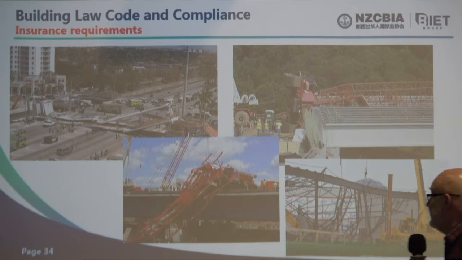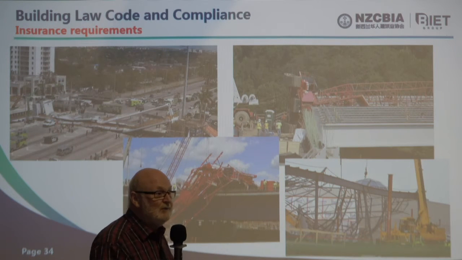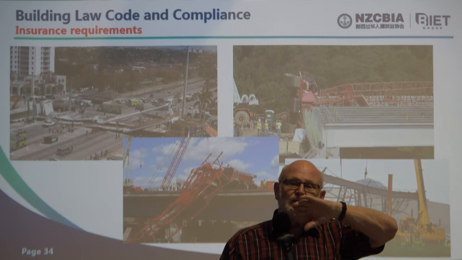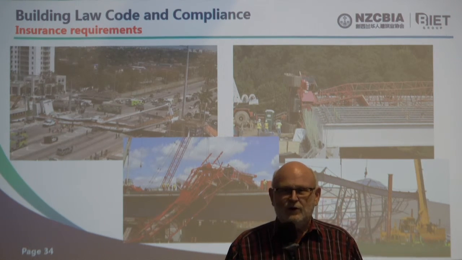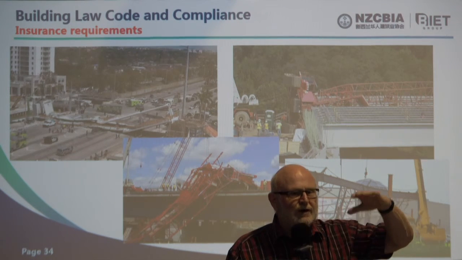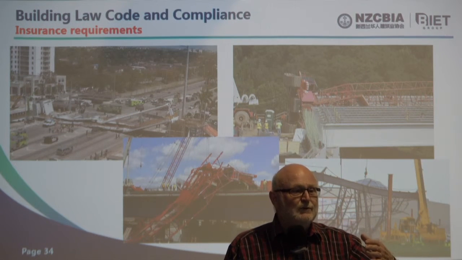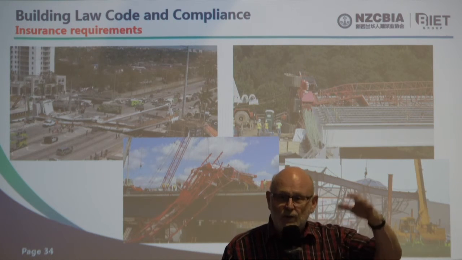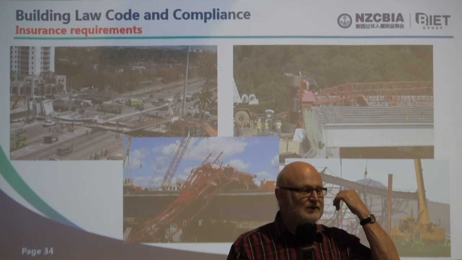In this particular case, it was a failure of that temporary work to support the structure. If the bridge had been completed, it would have been structurally fine. So as you build things, it gets progressively stronger and stronger. And the reverse happens when you're demolishing buildings. As you're demolishing buildings, they get weaker and weaker and weaker. And accidents can happen.